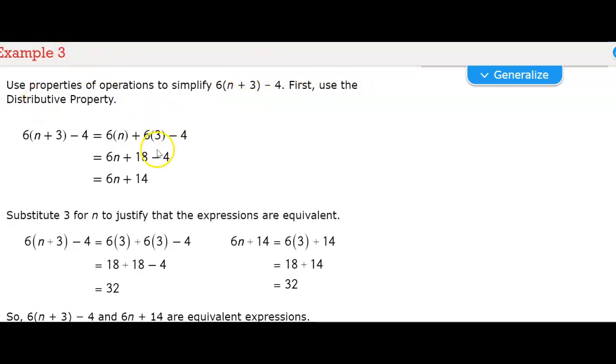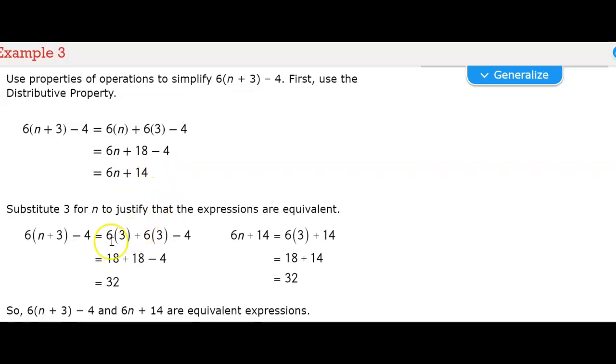First, use the distributive property. They show us using the distributive property to multiply 6 times the n and the 3. And then simplifying that, that's 6n plus 18 minus 4. And then there's your final expression.